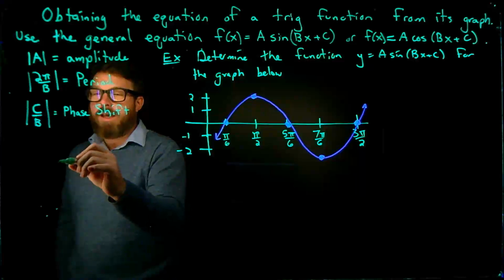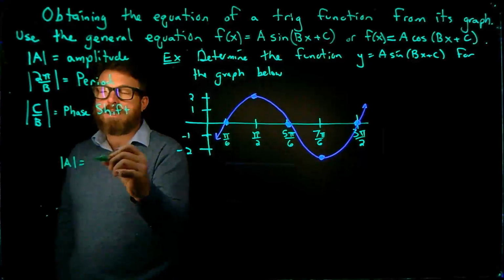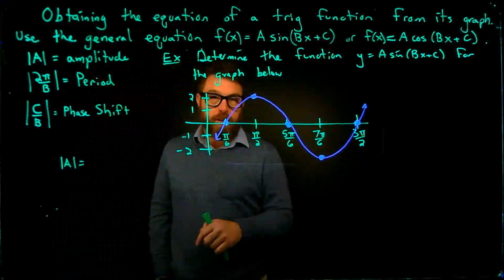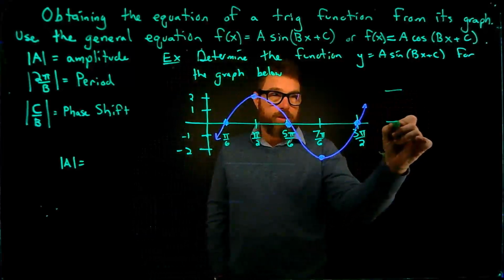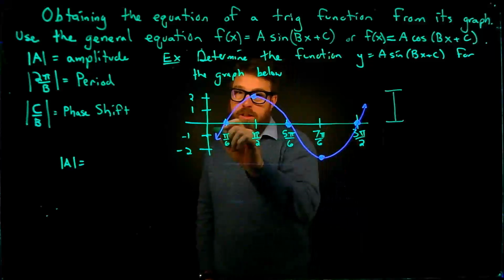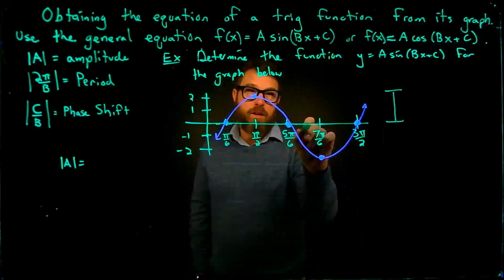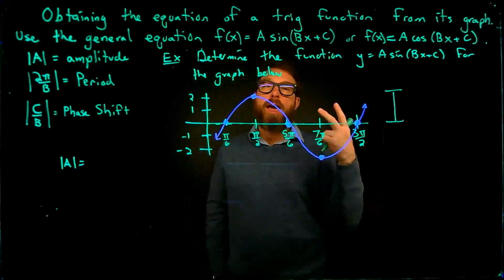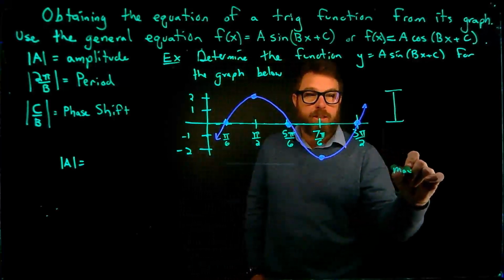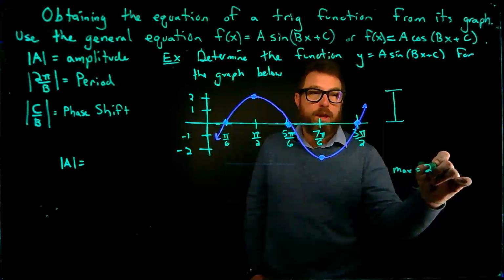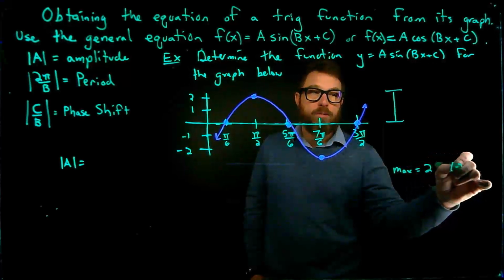So I know that the absolute value of a is going to be equal to the amplitude of this particular function, and we know that amplitude is going to be this distance that goes from the center of this graph to the top, or it's going to be half the distance from the max to the min, and so I know that the max is equal to 2, and then the minimum is going to be equal to -2.